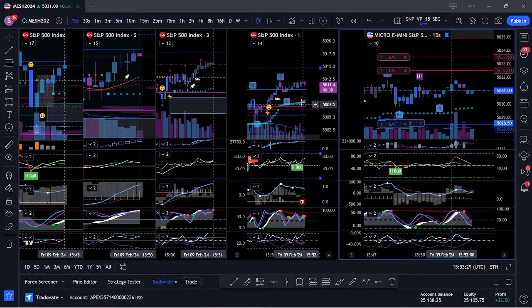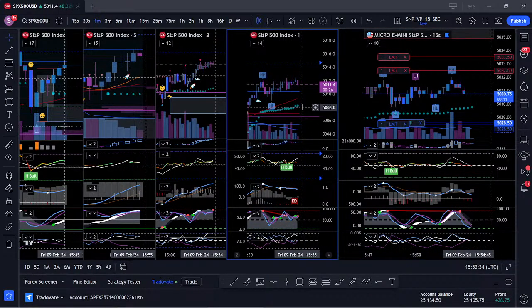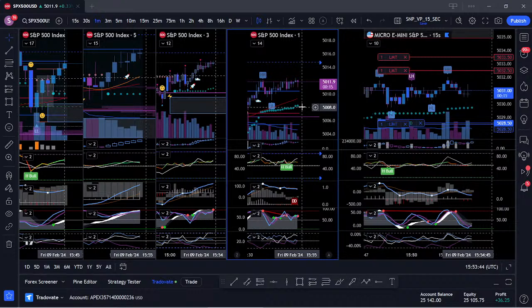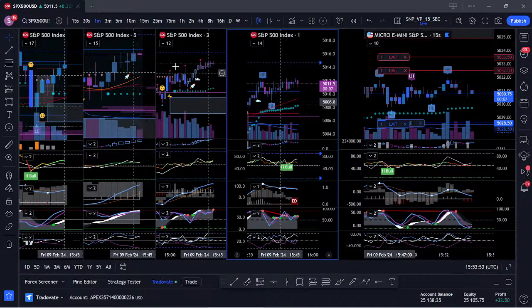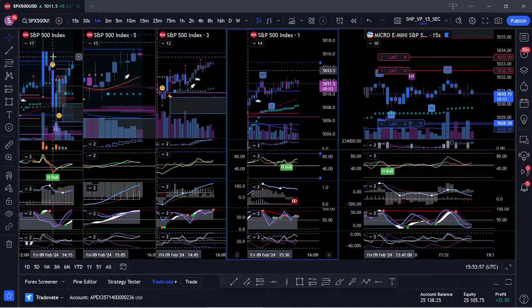So anything below, we will buy. Potential on ES. But remember, we are reaching the lower high here.